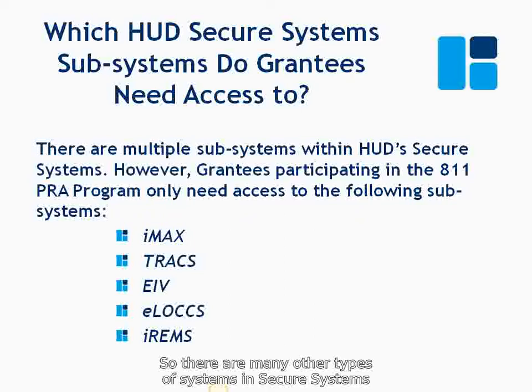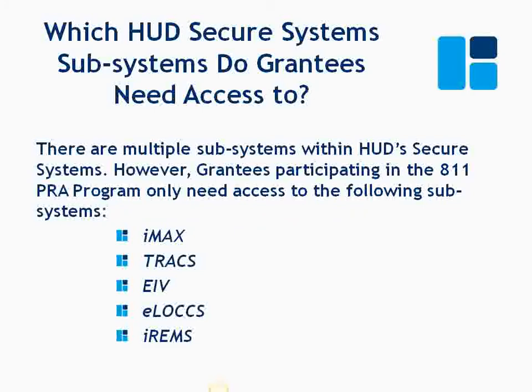But the ones that are going to be meaningful for us as grantees are IMAX, Trax, EIV, ELOCs, and IREMs. Of these 5, 3 of them can actually be viewable by your participating owners as well.